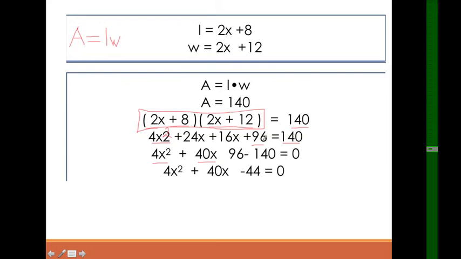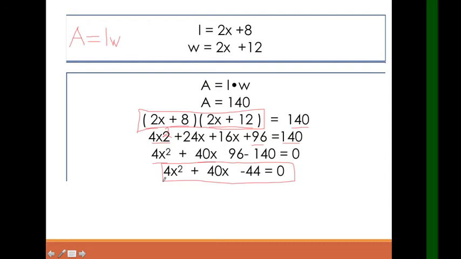When you transpose a number, you change the sign. So, since positive si 140, this will become negative 140, then equals 0. So, 96 minus 140 is negative 44. So, we have now the quadratic equation that is 4x squared plus 40x minus 44.